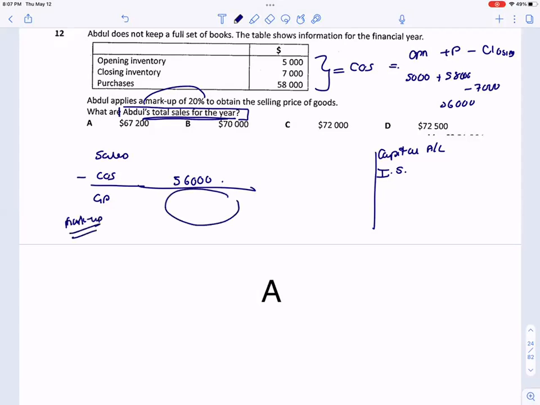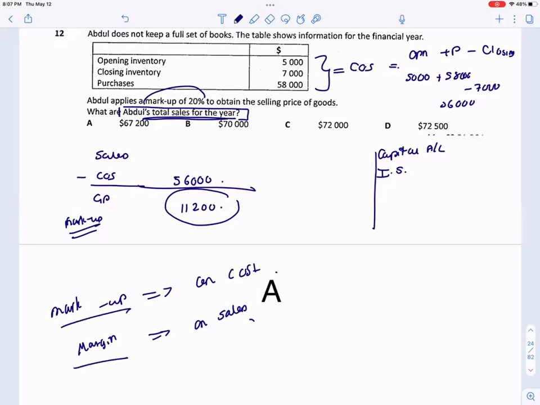On cost or on sales? Markup is on costs. Margin is on sales. What is the cost? 56,000. So markup how much? 20% on 56.